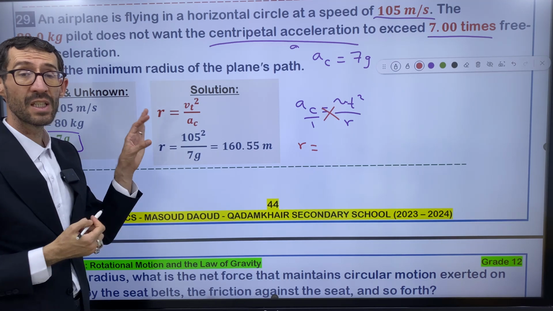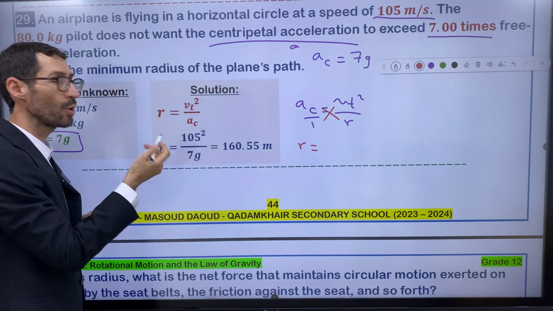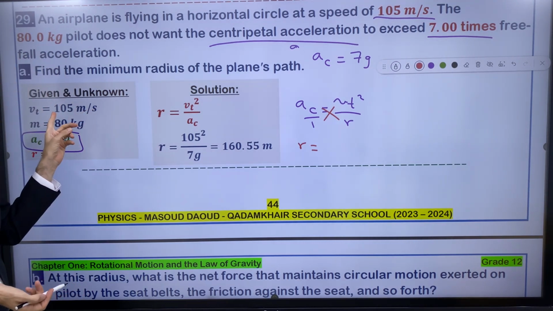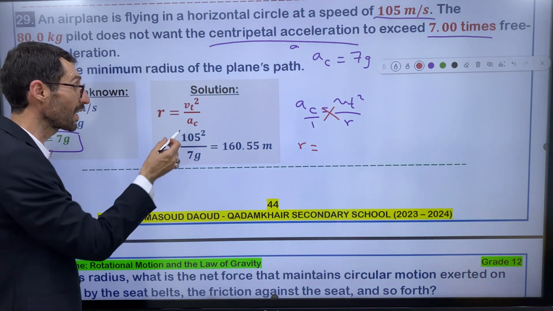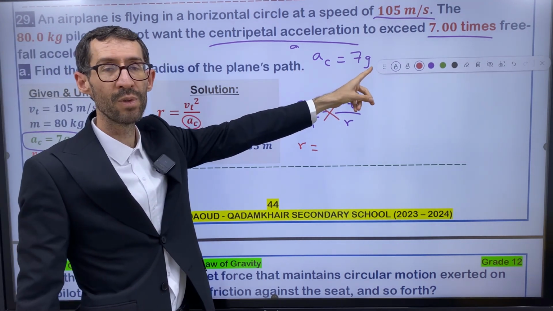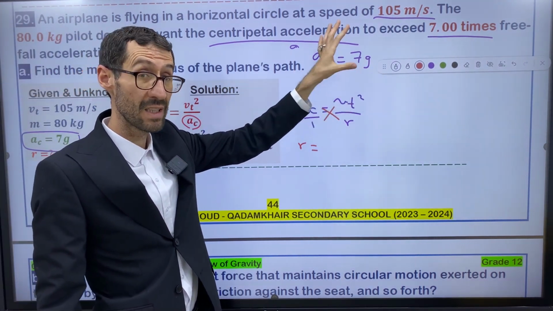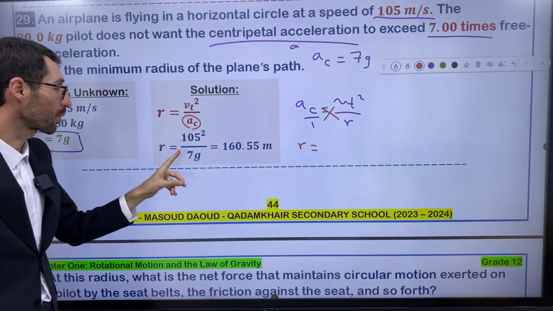Here, substitution matters. It's very important. VT squared, no problem. Just substitute the value, 105 squared divided by AC. For AC here, you have to use 7G, right? You have to focus on the condition. AC is equal to 7G.